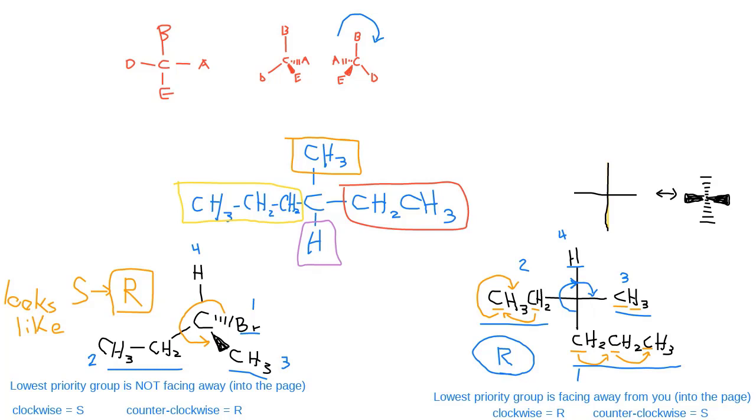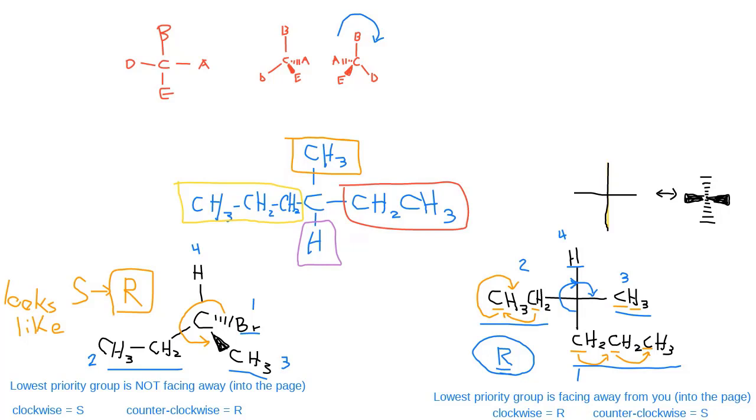Yes. So right stands for R. Whereas counterclockwise, it's facing to the left. So that would be S. That's just one way to remember it, with the lowest priority group facing away from you, going back away.